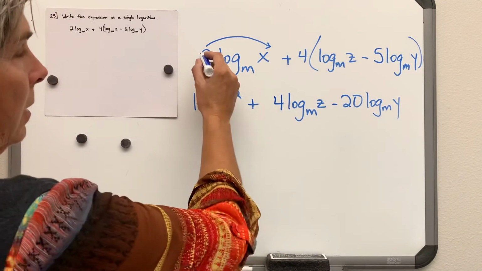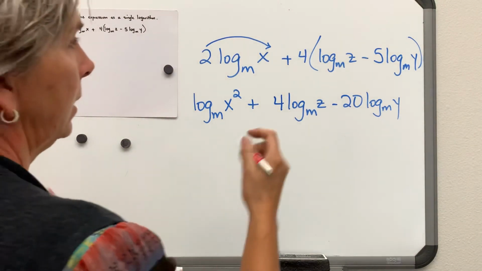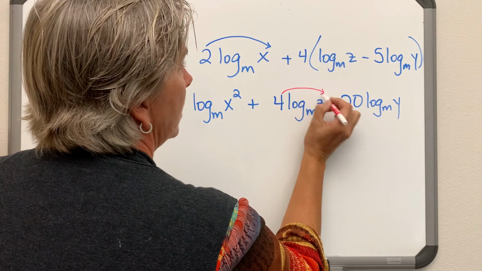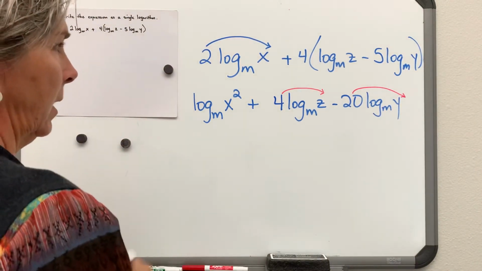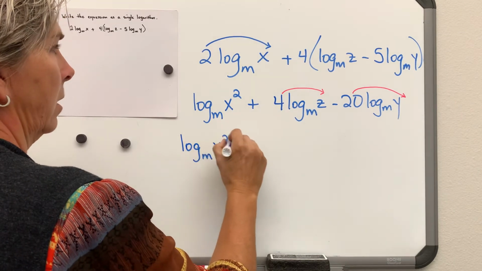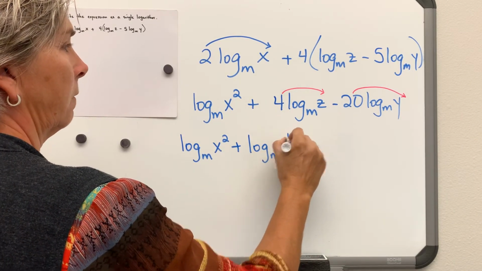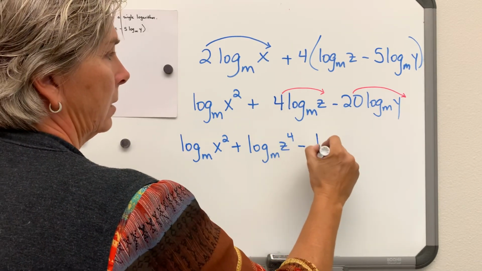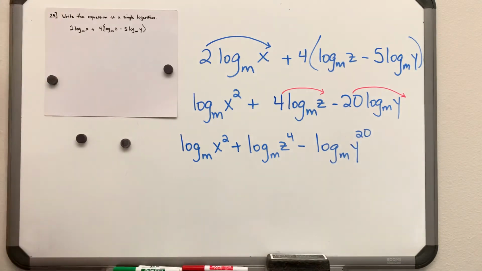Okay, just like I did on the first one, I'm going to take these leading numbers and put them up in the exponents like that. So my next sentence will be log base m of x squared plus log base m of z to the 4th power minus log base m of y to the 20th power.